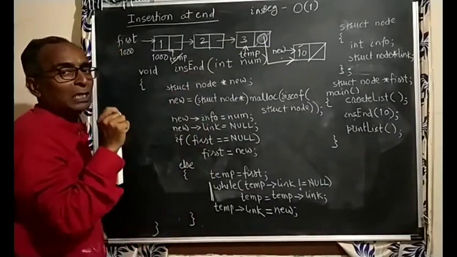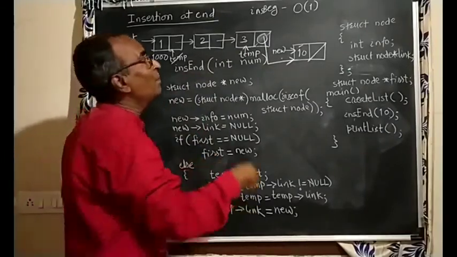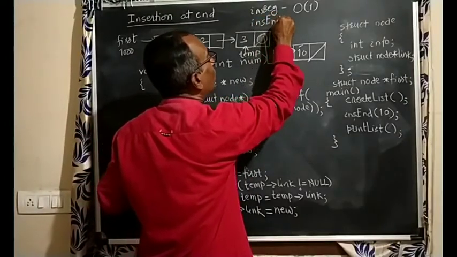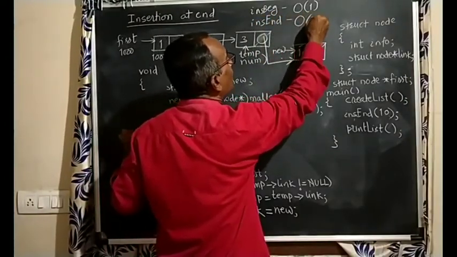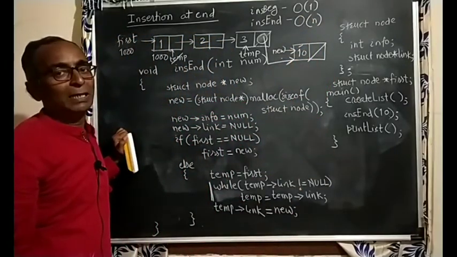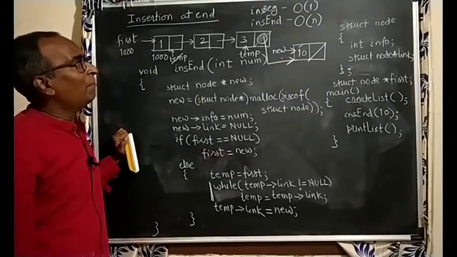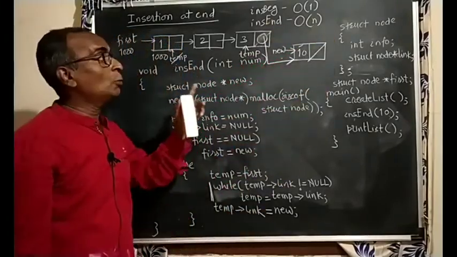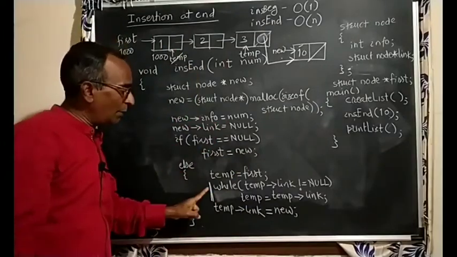If we assume the length of the linked list as n, then insertion at end will be big O of n. We say insertion at end is big O of n when you don't know last node's address and you have to find it out.